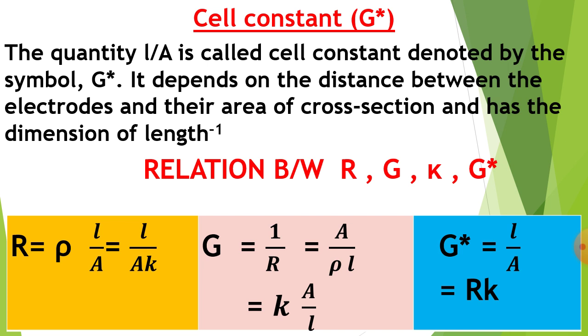This relationship is also asked as a 1 mark question in the board examinations: write the relationship between conductance, resistance, conductivity or cell constant. You have to keep this formula in mind so that you can solve related questions in the board examinations.